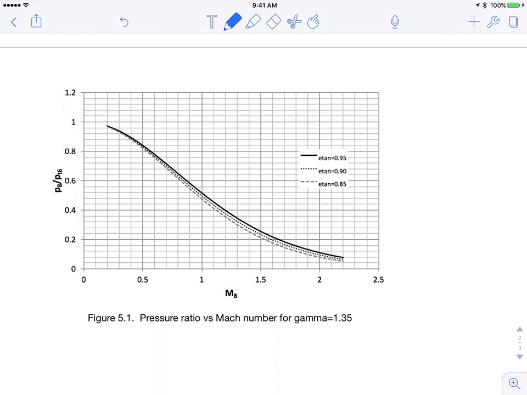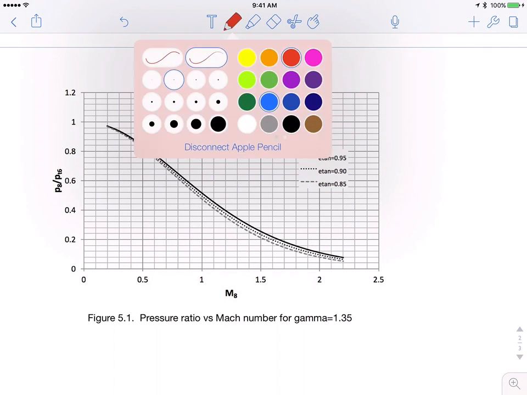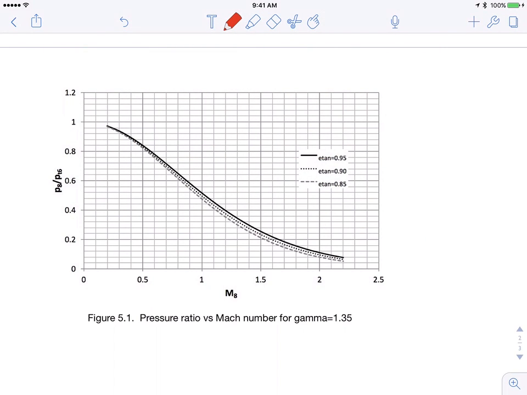This one you could actually evaluate directly, but if we're looking at a Mach number of 1.374, we would come out here to just a little below 1.4 and pull off a line to our pressure ratio here, and these ticks on the left axis are about 0.04, so we're pretty close to a value of about 0.32, maybe a little lower on that axis.